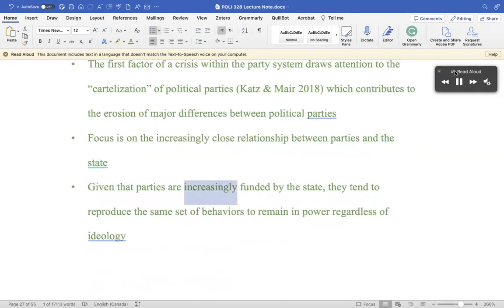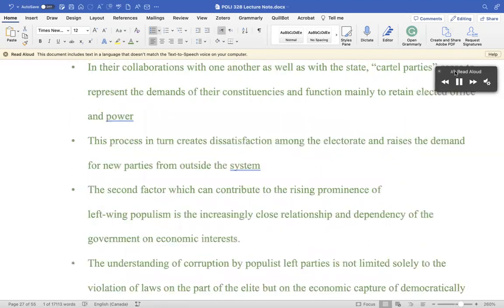Given that parties are increasingly funded by the state, they tend to reproduce the same set of behaviors to remain in power regardless of ideology. In their collaborations with one another as well as with the state, cartel parties cease to represent the demands of their constituencies and function mainly to retain elected office and power. This process in turn creates dissatisfaction among the electorate and raises the demand for new parties from outside the system.